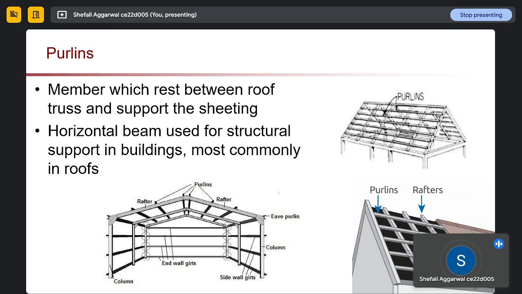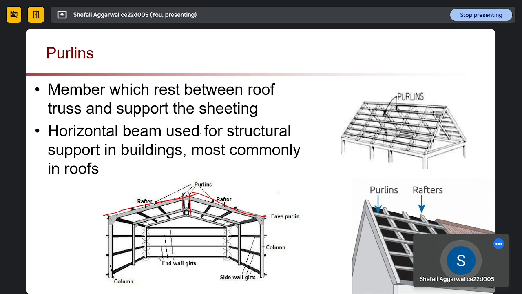Next, what you might have studied this week would be the purlins. Purlins are a kind of lateral reinforcement we provide, which support the sheeting. If sheets are provided, then to support those sheets, we provide some horizontal beams, which are called purlins.